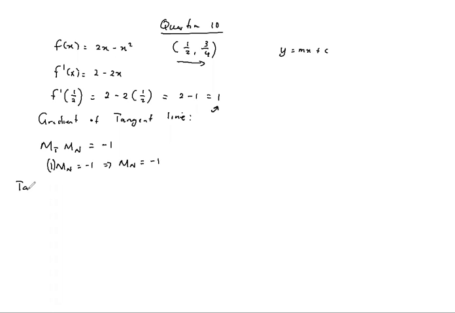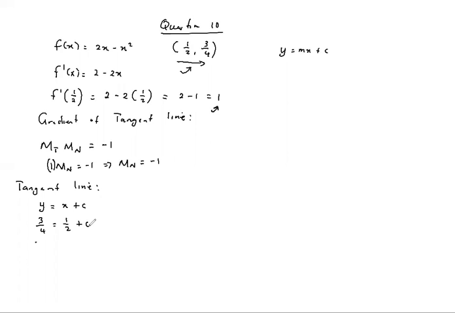Tangent line: y is equal to, the gradient is 1, so we'll just say x plus c. How do you find c? You use the point given. y is 3/4, x is half, plus c.